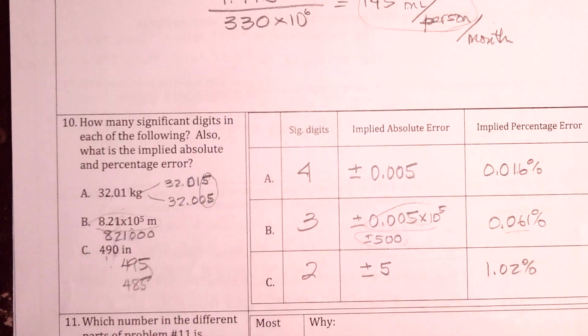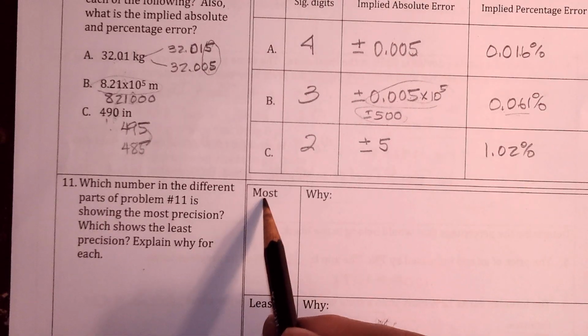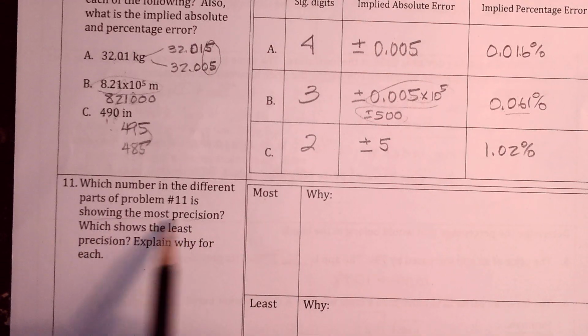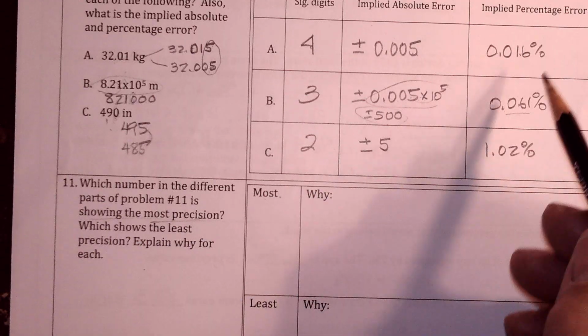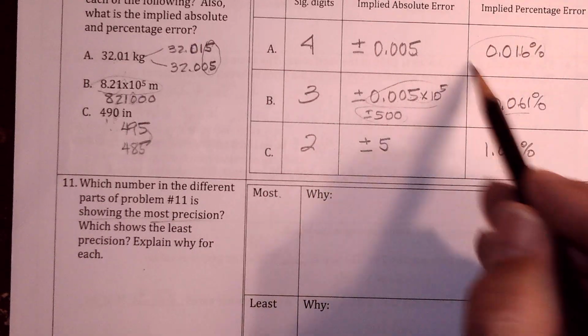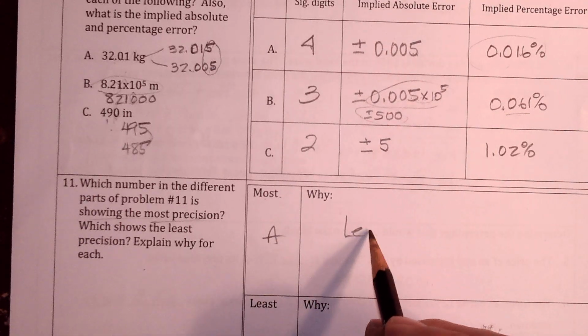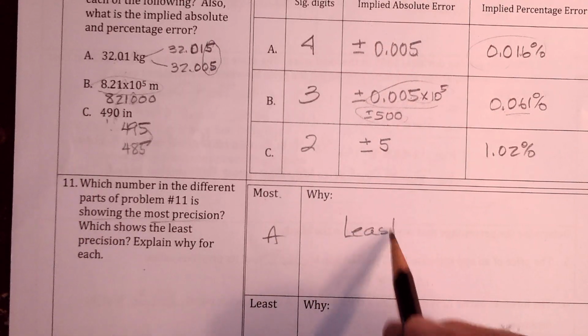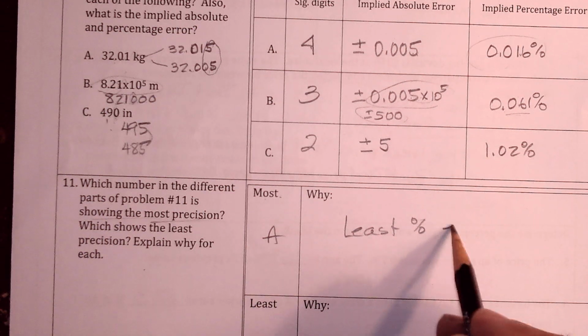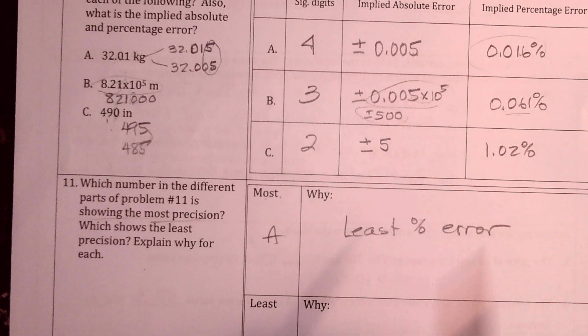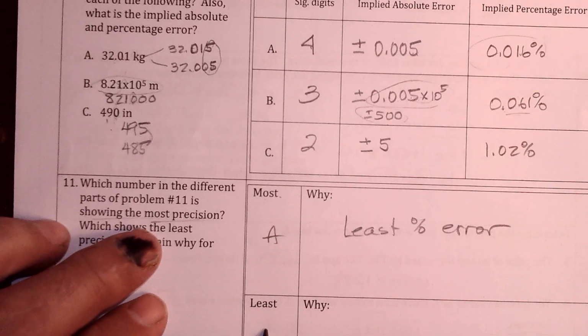Percent error. So, which one has the most precision? The most precision is the least error, and so that's A. And which one has the least precision?